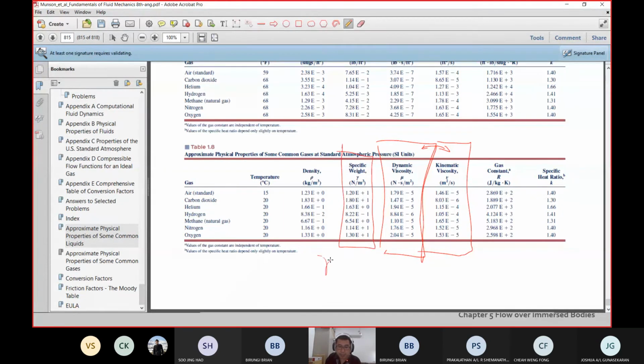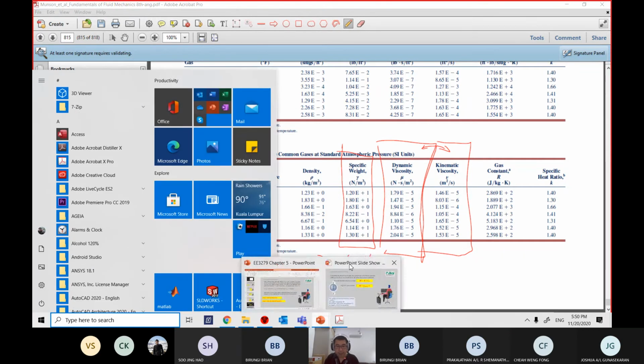So gamma, specific weight, in the unit of Newton over meter cube. If you take specific weight times volume, you take Newton over meter cube times meter cube, you will get Newton. So you will get weight in Newton. So this is how you do dimensional analysis.